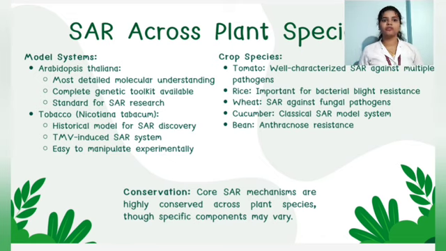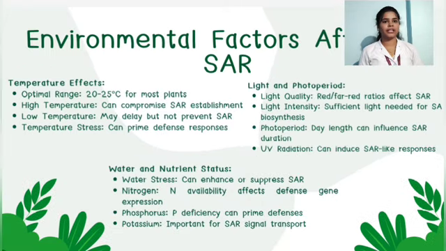The environmental factors influencing systemic acquired resistance are temperature, light, water, and nutrient status. For example, high temperature can reduce the effectiveness of systemic acquired resistance, while nitrogen and phosphorus levels can affect defense gene expression.